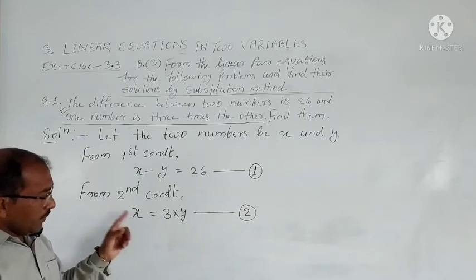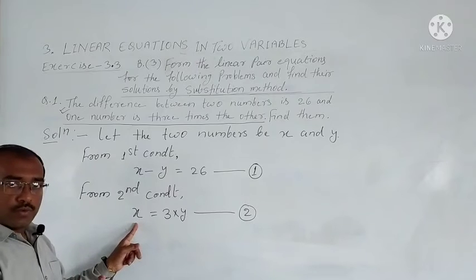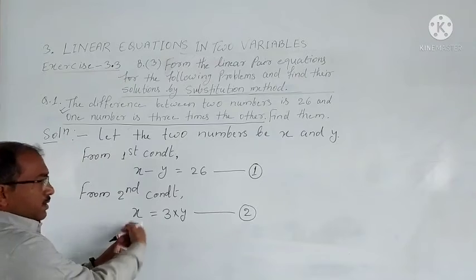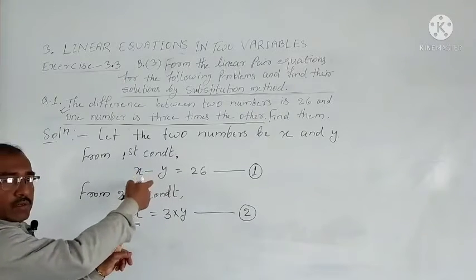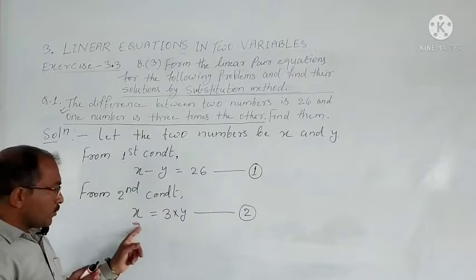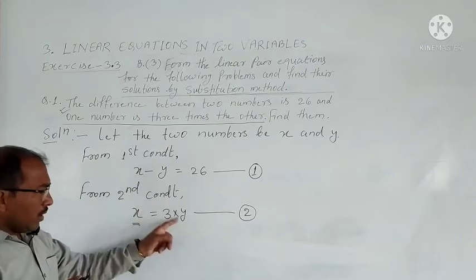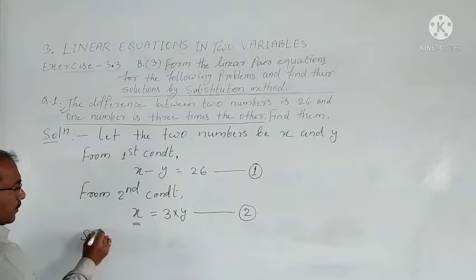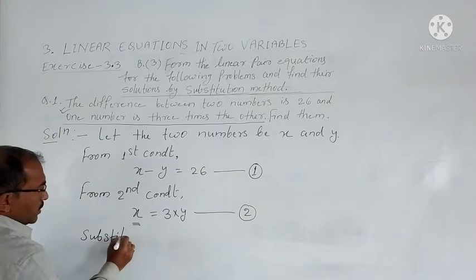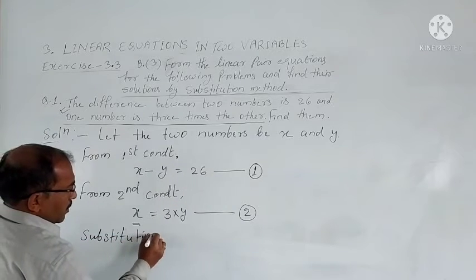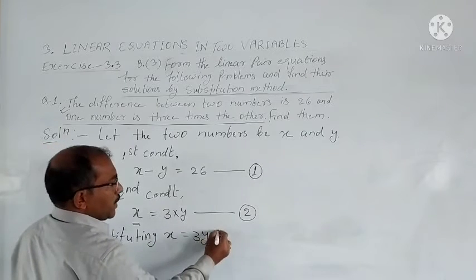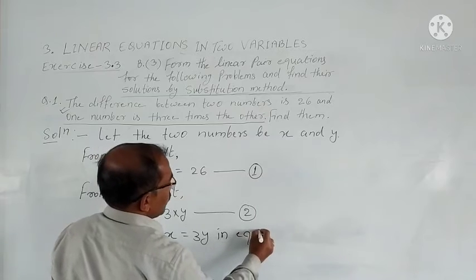That means from equation 2, when we substitute for x 3y in another equation, x will be out and 3y will be in that place. So we write now here substituting x equal to 3 into y, that is 3y, in equation 1.